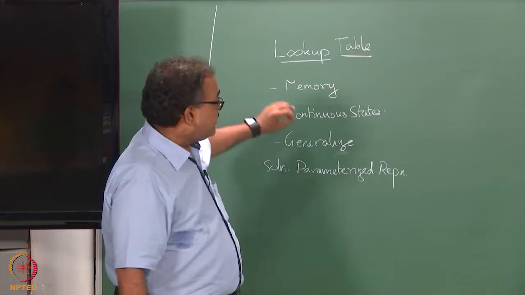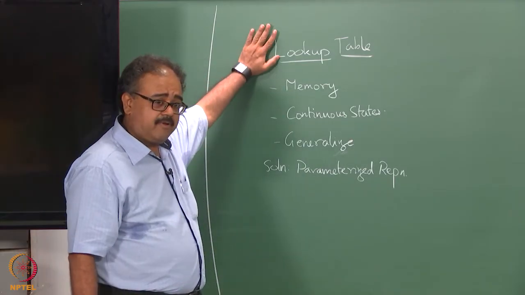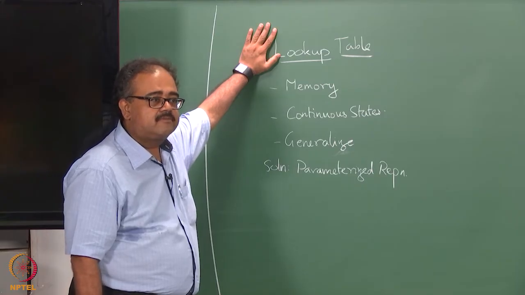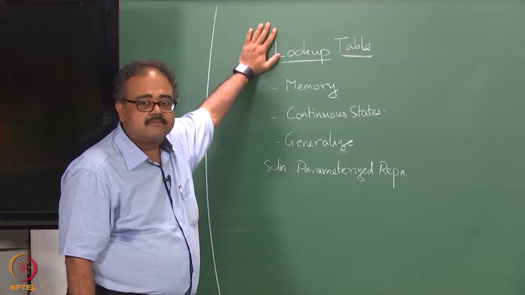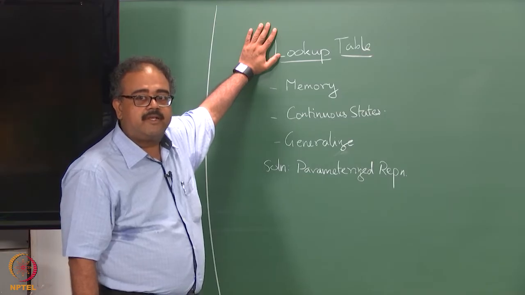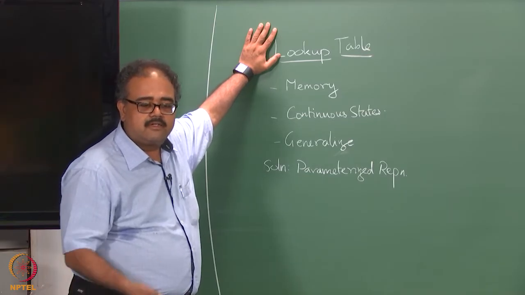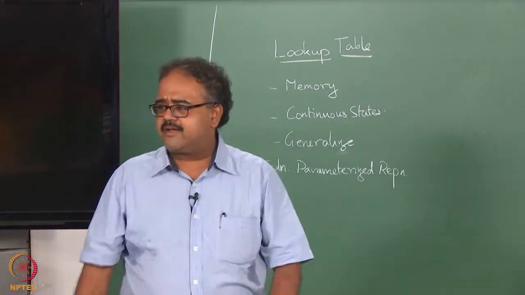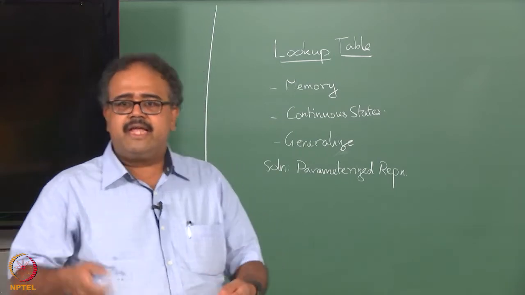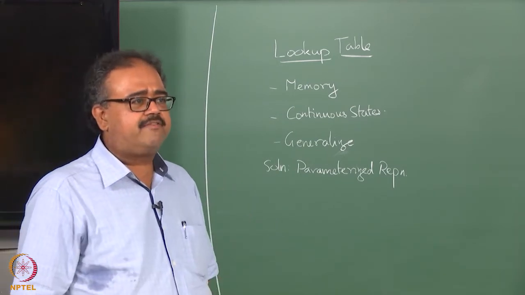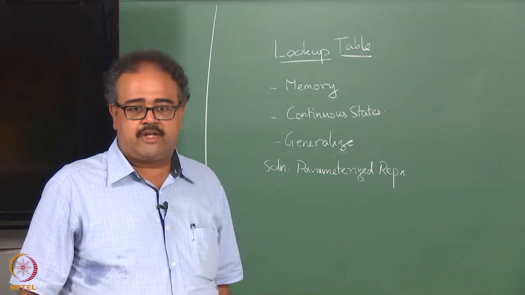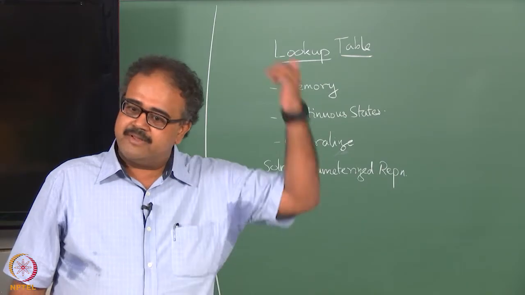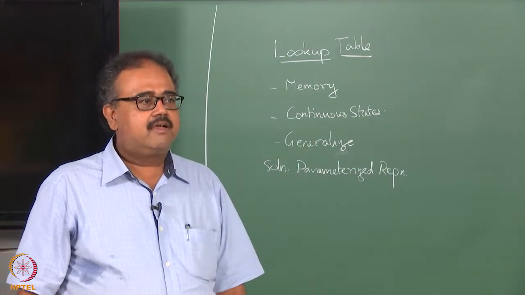If you think about it, the lookup table itself is a parameterized representation. What are your parameters here? Each entry, the value of each state itself, is a parameter. If I make my parameterized representation complex enough that it can represent any value function without any loss, then the number of parameters I will need will be the same as the number of entries in the lookup table.